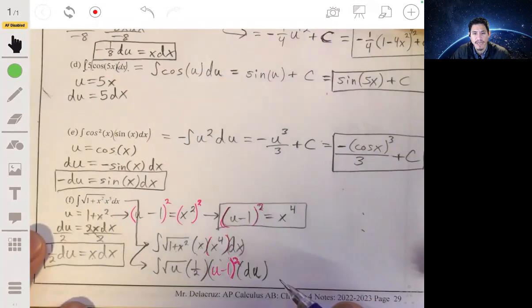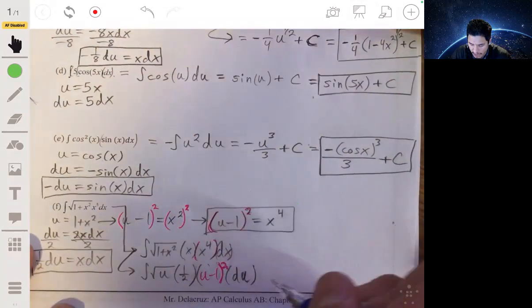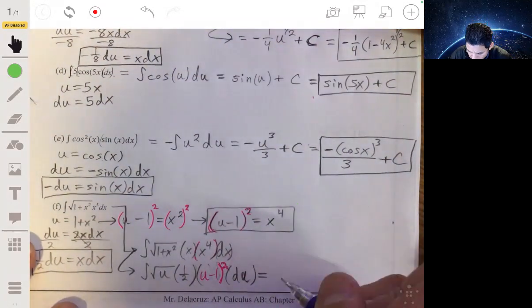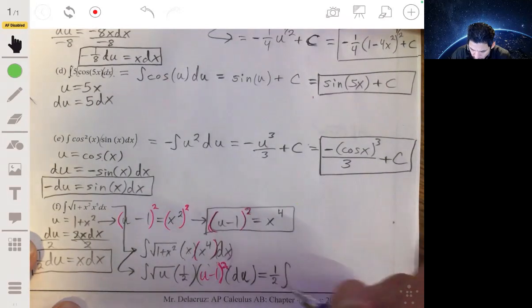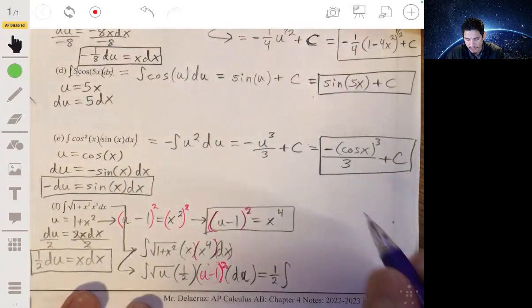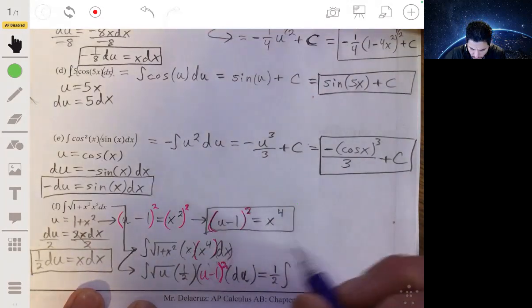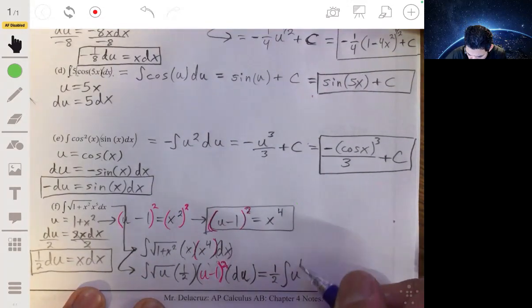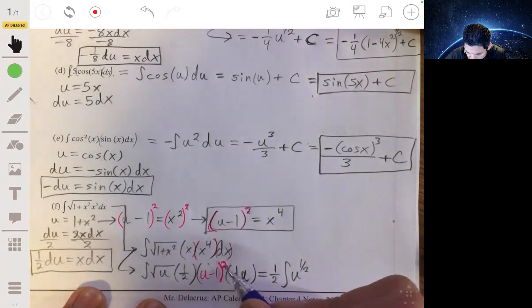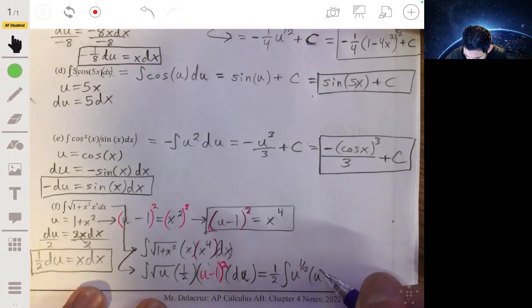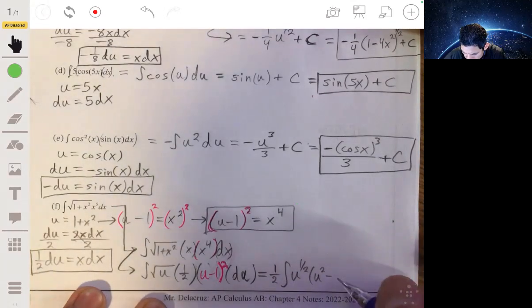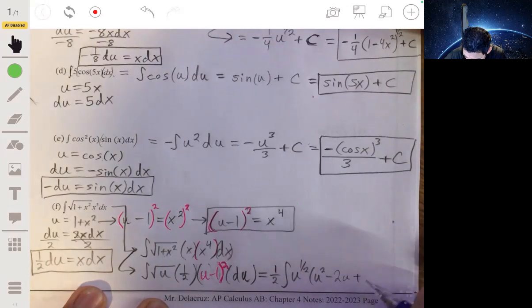So now we can actually just expand this and rewrite our integral in terms of just u. So this will be 1/2, factoring out the 1/2 and putting it as a leading coefficient. We're going to have 1/2 times u to the 1/2 power, u minus 1 squared. That'll be u squared minus 2u plus 1 du.